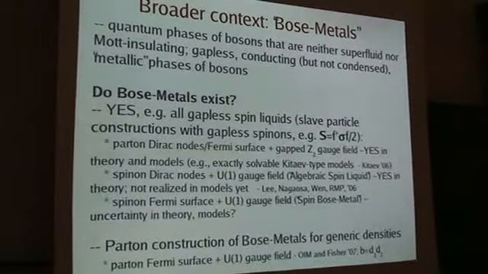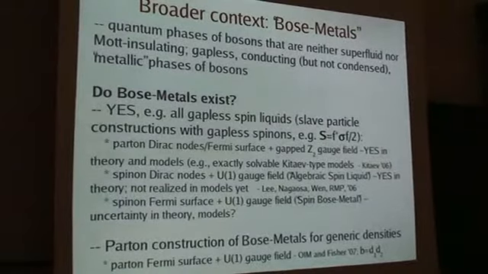And now if you think about these slave particle approaches, there is nothing sacred about the spin models. One can use them also for boson models at some generic densities, and in these situations very generally one gets some kind of parton Fermi surfaces.